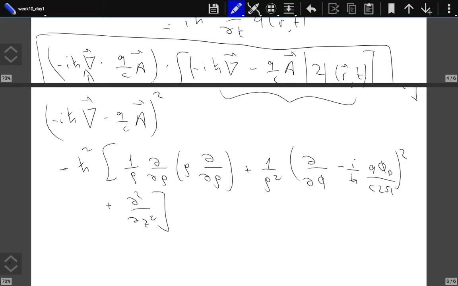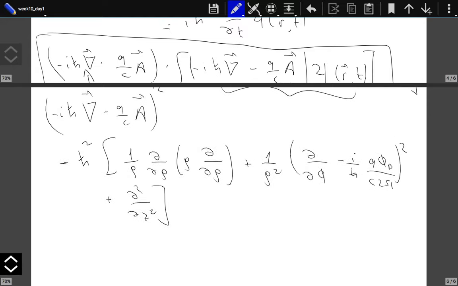Now, the way we will be solving this is using separation of variables. I will be looking for the eigenvalue problem.